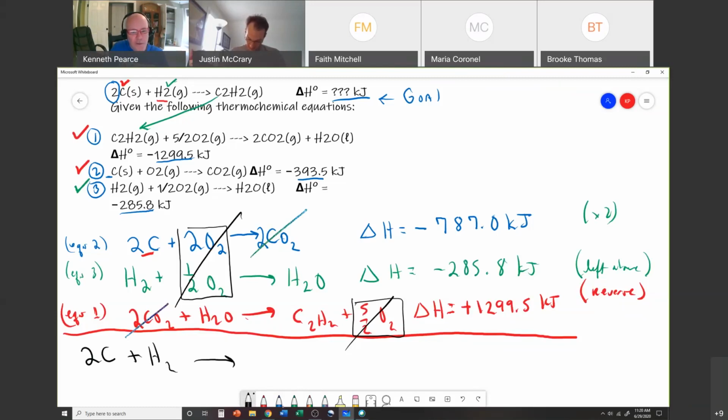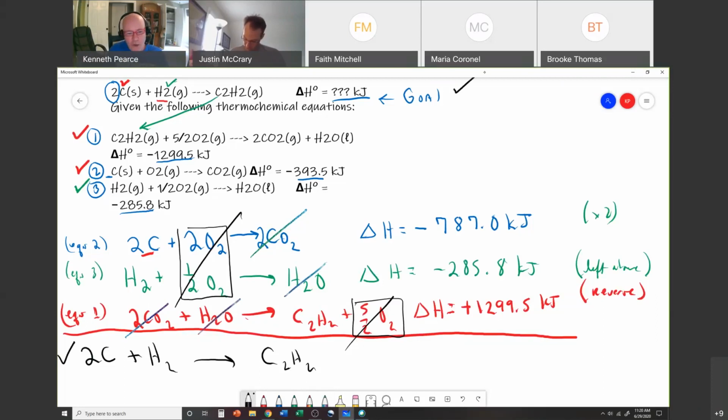Okay, and then I see the waters, and where do we see waters? I see a water here, I see a water there, so the waters are gone, and the only thing that's left over now is the C2H2, and we are good as far as our goal equation goes.